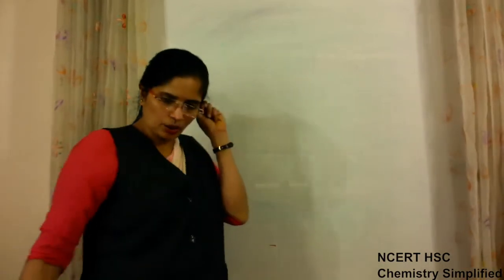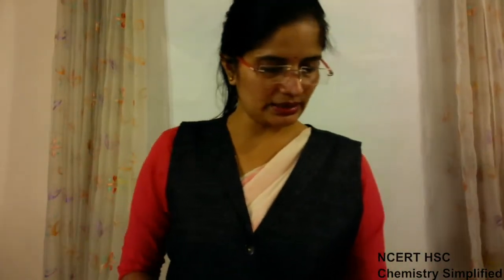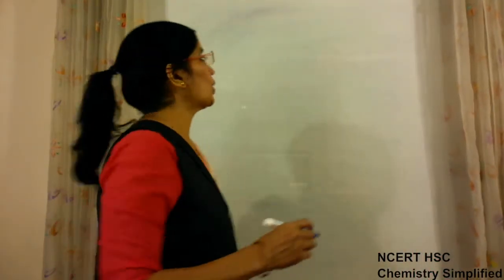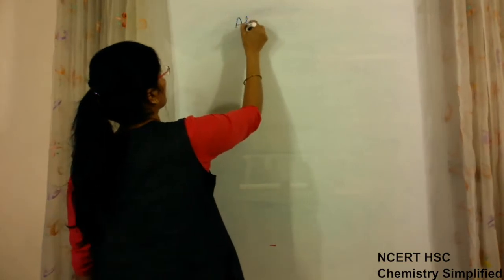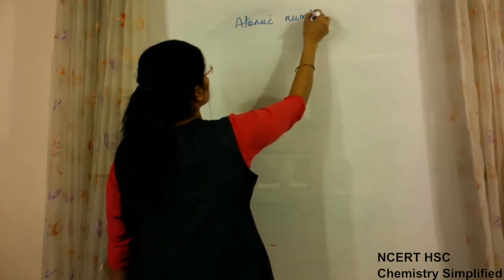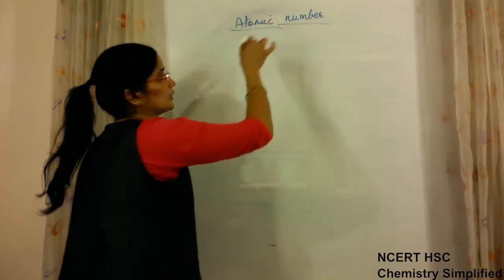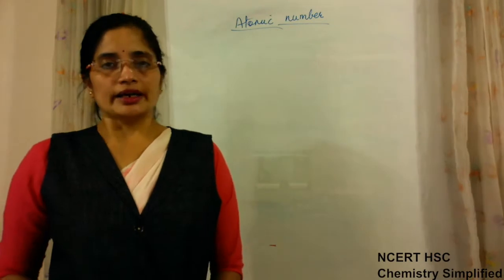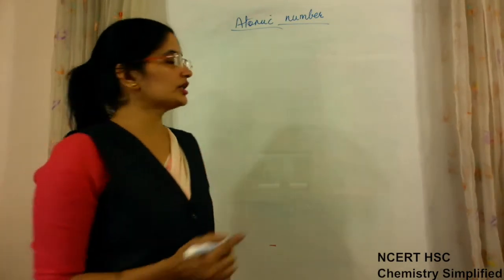Now we all know from class 10 that the classification of elements in the modern periodic table is based on atomic number, not on atomic mass. So this periodic table is based on atomic numbers, first important thing, and it follows the modern periodic law.